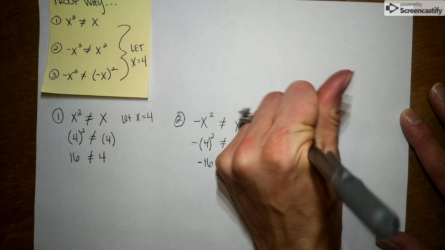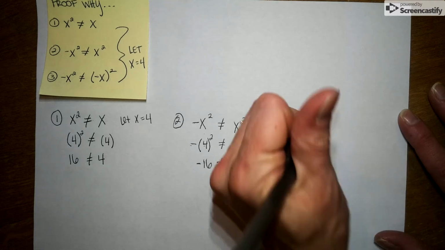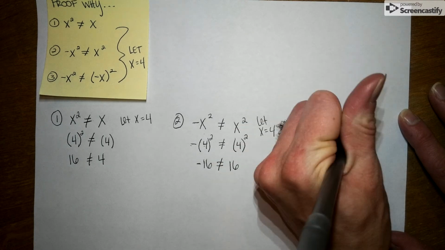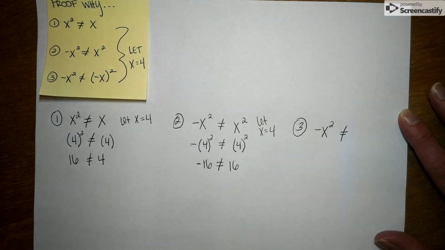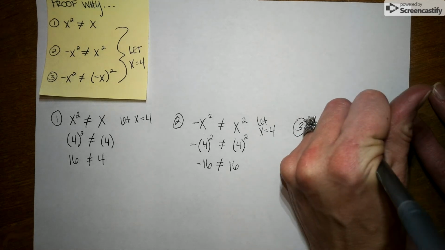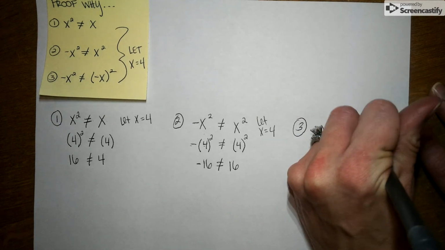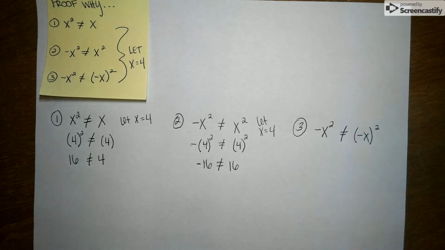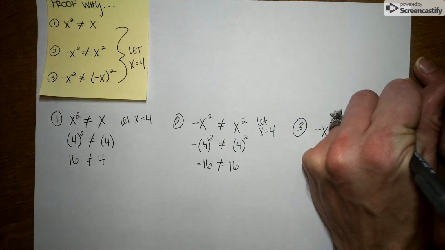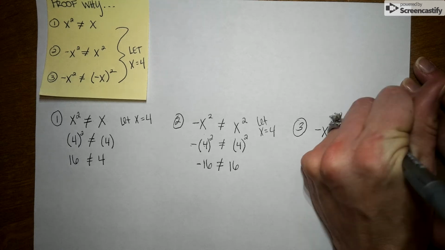Last problem, so number 3. Negative x squared is not equal to negative x in parentheses squared. So I'm going to go ahead and remember, let x equal 4.